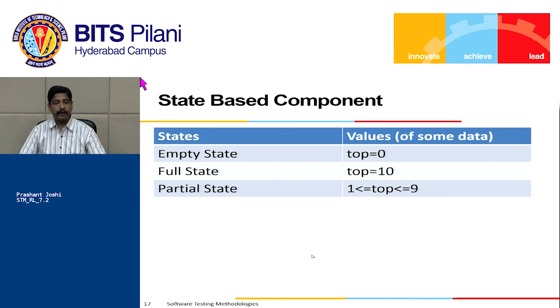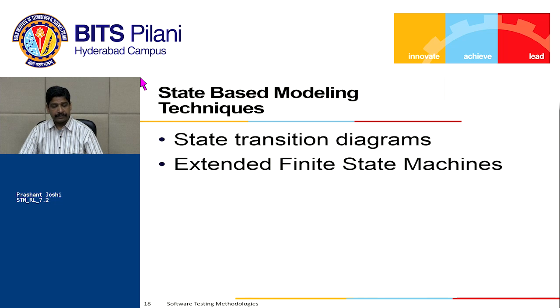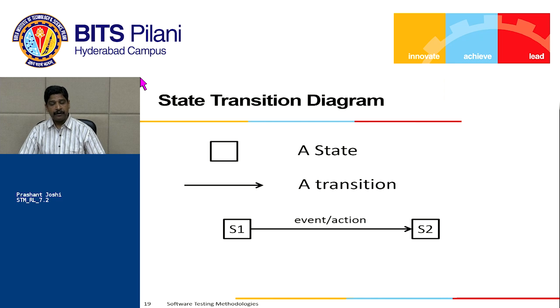So here we looked at the state-based component, with empty, full and partial states. We looked at 10 elements, and to make this happen, what we drew was a state transition diagram, an extended finite state machine where we also take care of event and action. If you look at it, we had only done the event part. Now we could even do the action part over here.